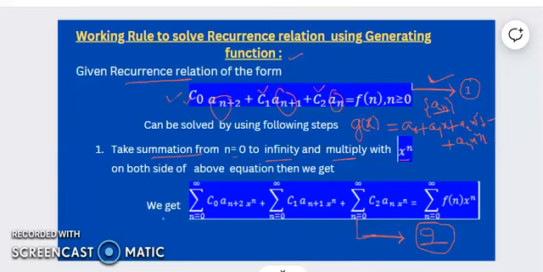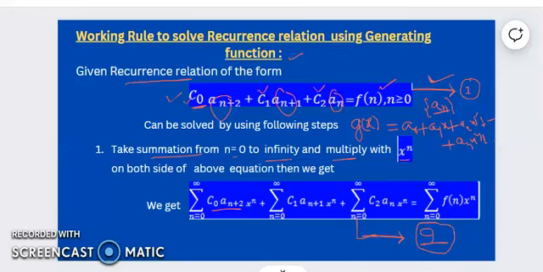Then equation 1 gives: summation n equals 0 to infinity C0 a(n+2) x power n plus summation n equals 0 to infinity C1 a(n+1) x power n plus summation n equals 0 to infinity C2 a(n) x power n equals summation n equals 0 to infinity f(n) x power n.